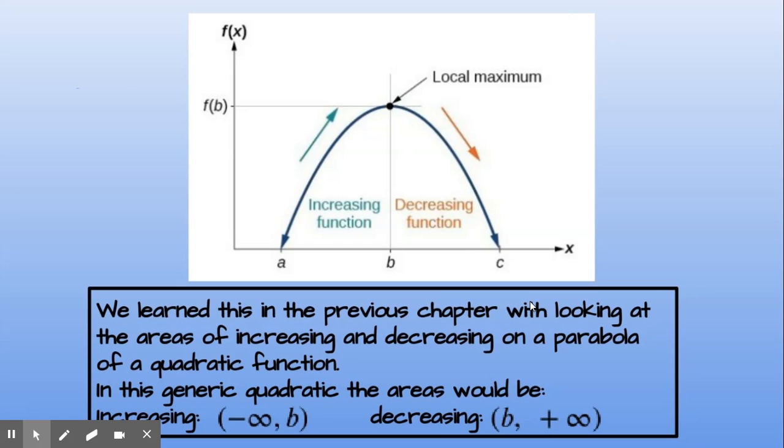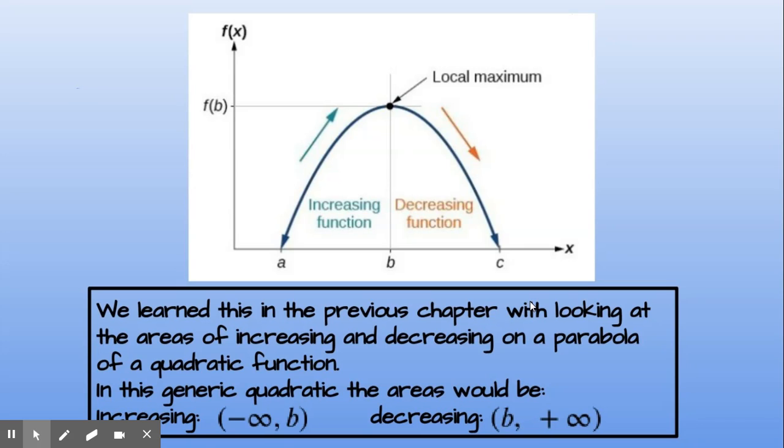On the left-hand side, it went from negative infinity to b in this case, wherever b is. And then it decreased on the right-hand side, from b, from that local maximum, all the way to positive infinity. So we're still going to continue to use this interval notation.